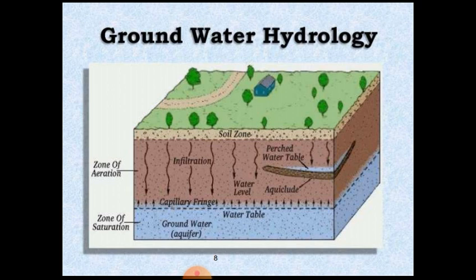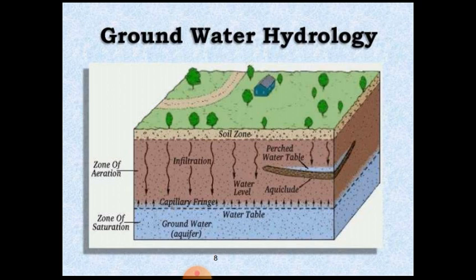Below the groundwater table is the zone of saturation. In between, an aquifer is placed, and that is the perched water table. It means below that water table there is a totally impermeable layer, and above the water table there is a permeable layer. That is called the perched water table.